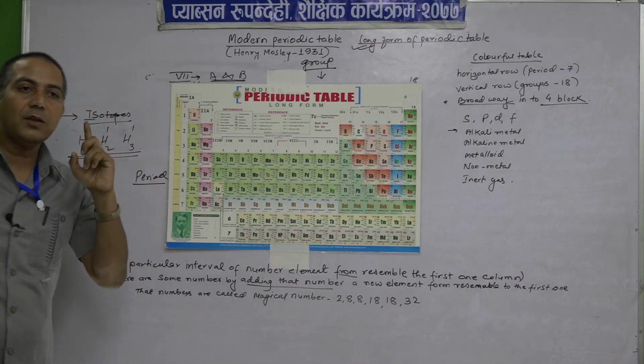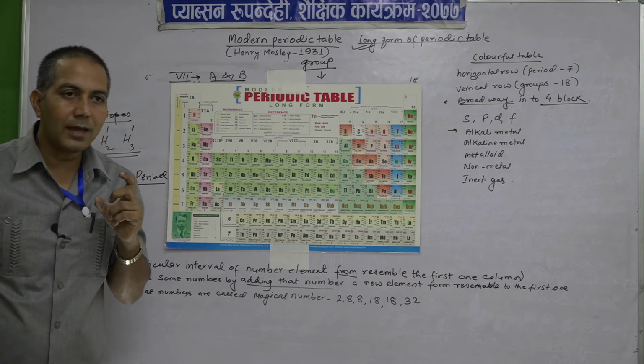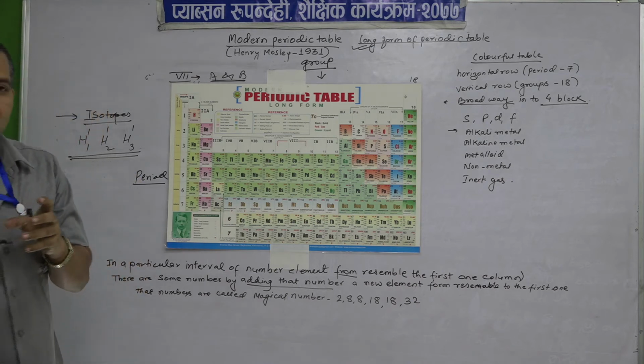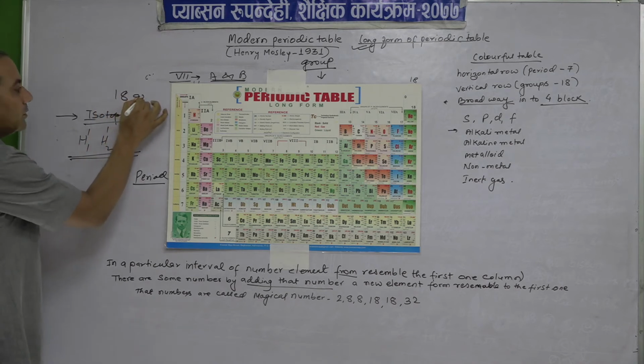In Mendeleev's table, how many groups did we find? There are 8 groups. Now here, how many groups? There are 18 groups.